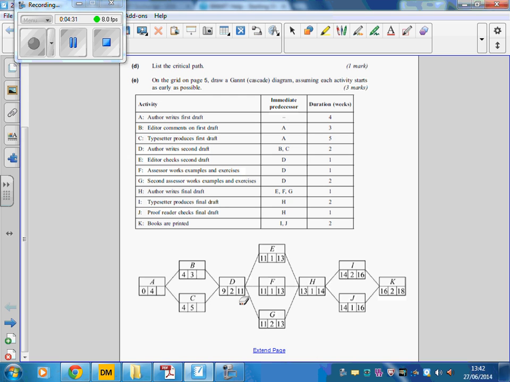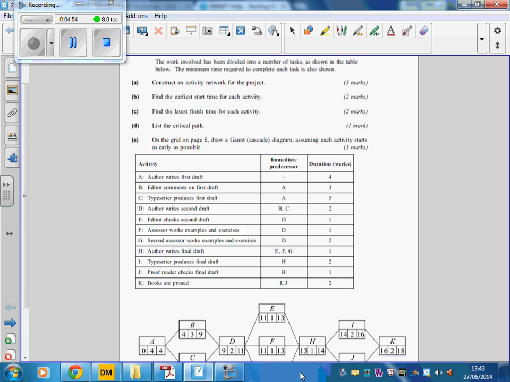Okay, for B and C, right hand box take away middle box, that gives us 9 for each of those. And for A, we're doing the smallest out of these 2, right hand box take away middle. So 9 take away 3 would be 6, but 9 take away 5 is 4, which is smaller, so that goes in here.